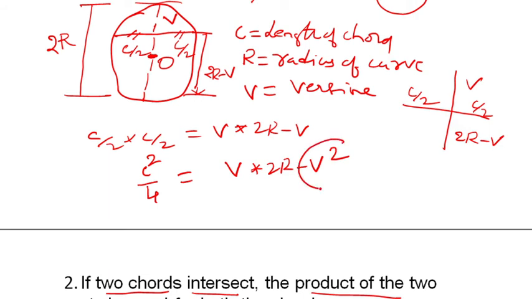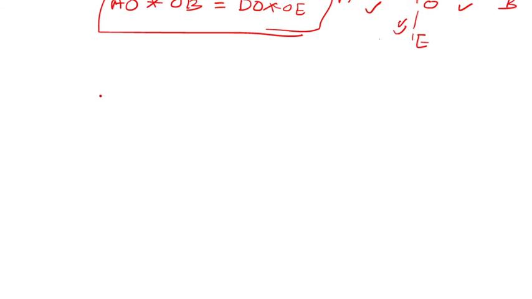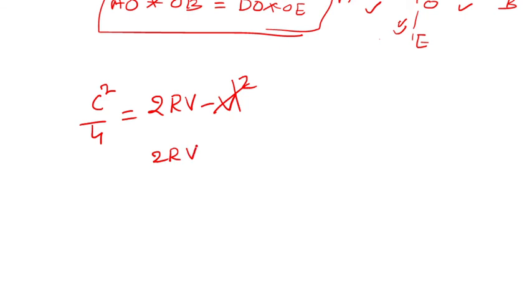Now the v square portion is neglected because v is small, v square is very small compared to r. After neglecting, c square by 4 is equal to 2rv minus v square, and the v square portion is neglected. So 2rv is equal to c square by 4, which implies v is equal to c square by 8r.